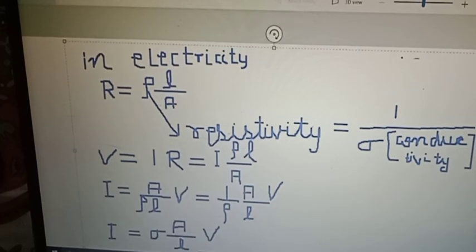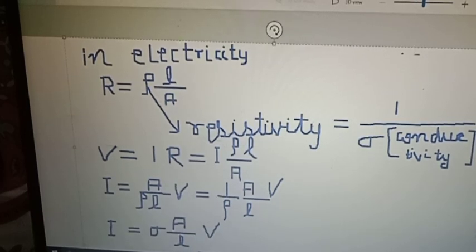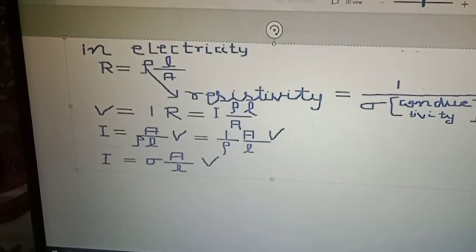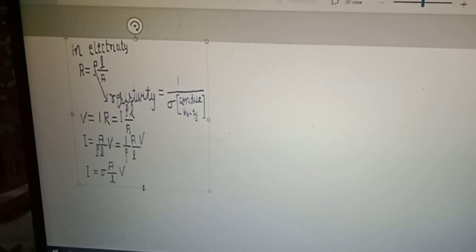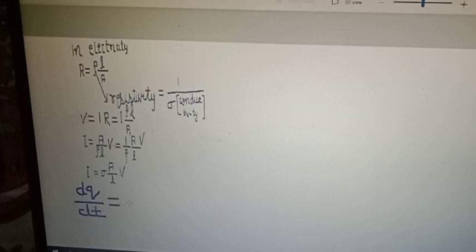All right, so why have we done it? Because it will be easier for us if we correlate this electrical analysis with thermal analysis. So further, this I is q upon t. In differential form I am writing it dq by dt, that is the rate of flow of charge.